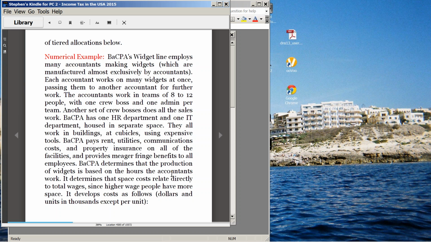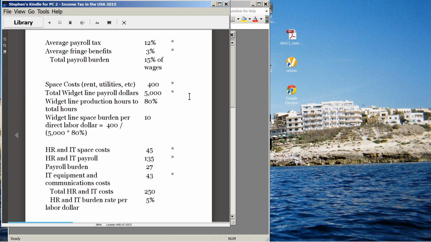Now, one of the key things that virtually every business encounters in terms of expenses is payroll burden, things like payroll taxes and fringe benefits. The payroll department can probably give you a pretty accurate estimate of what the payroll burden percent is for any subset of the company or the whole company.